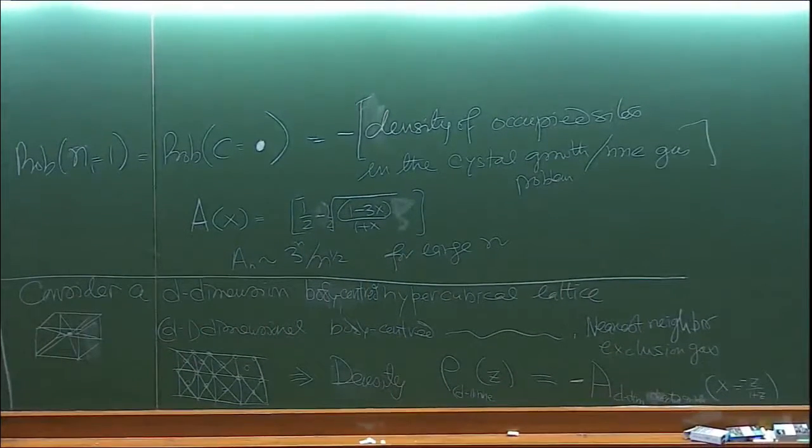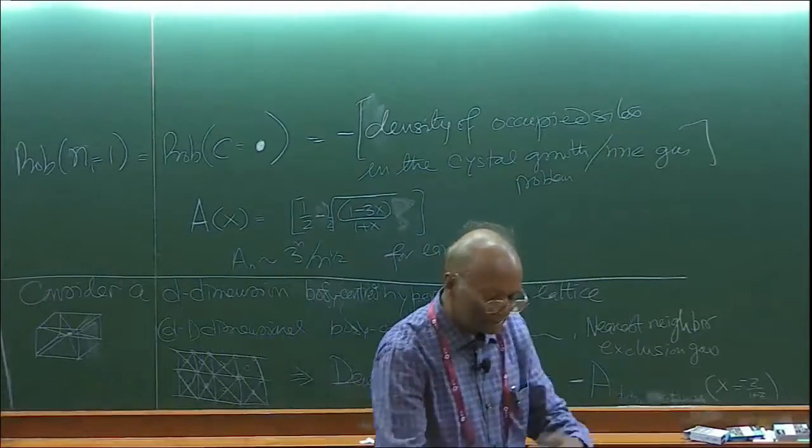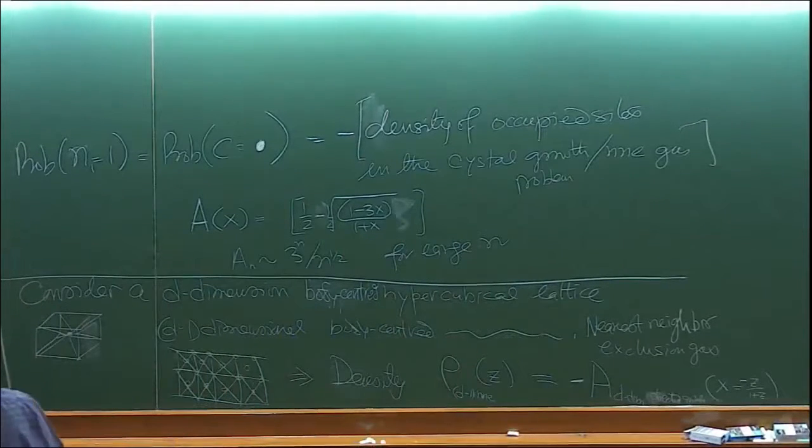But then there is a very interesting and very powerful result. It tells you that this animal counting problem is the same as the problem of determining the density of this hardcore nearest neighbor exclusion gas. Such equivalences are known; one model can often be shown equivalent to another model.